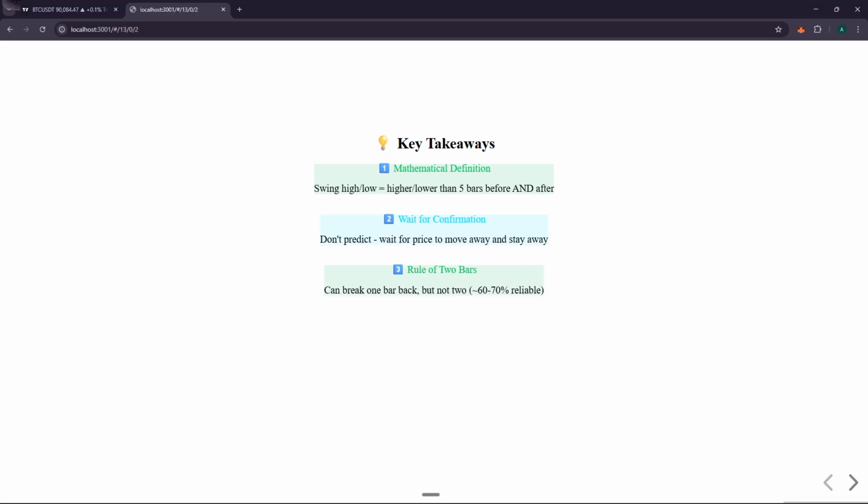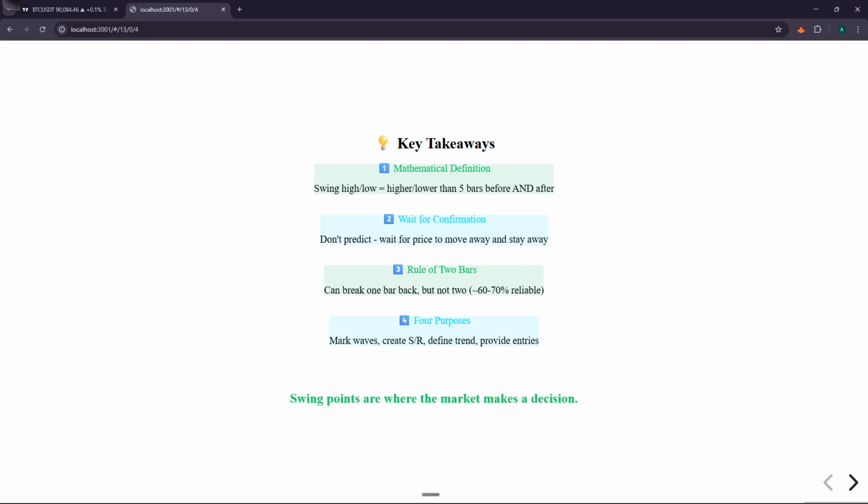We wait for the price to move away and stay away. Rule of 2 bars that we discussed: can break 1 bar back, but not two, which is 60 to 70% reliable. And four purposes of using swing points is they mark waves, they create support and resistance, they define trend, and provide entries. So it's pretty much packed into one tool, okay.